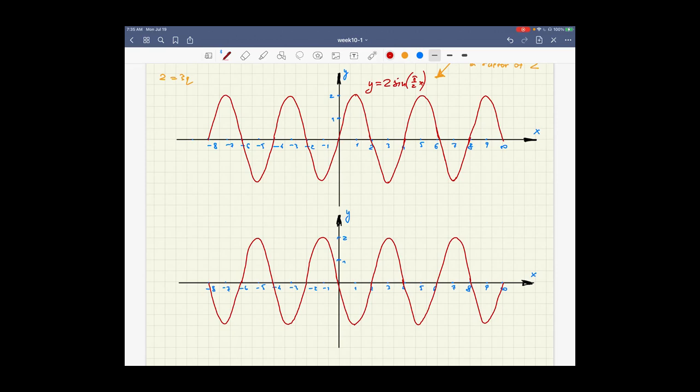And that is what the graph of -2 sine of pi over 2x looks like.